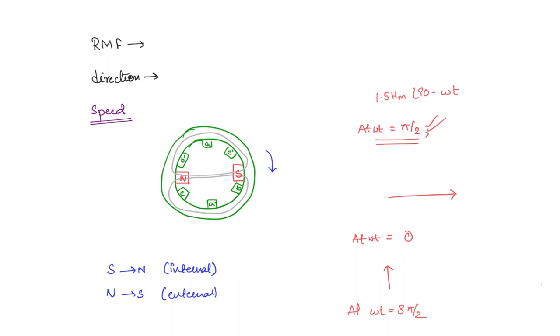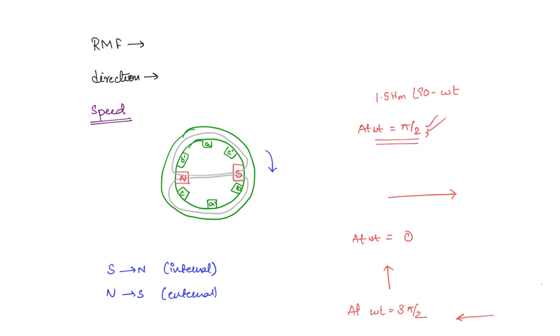So when omega t is 3 pi by 2, then you're going to get the phase minus pi. So at that instant of time, this will be the direction of magnetic field. So then what will happen? North pole will be here and south pole will be here, okay. So what is the polarity of the pole will depend on which time instant that we are taking, okay.